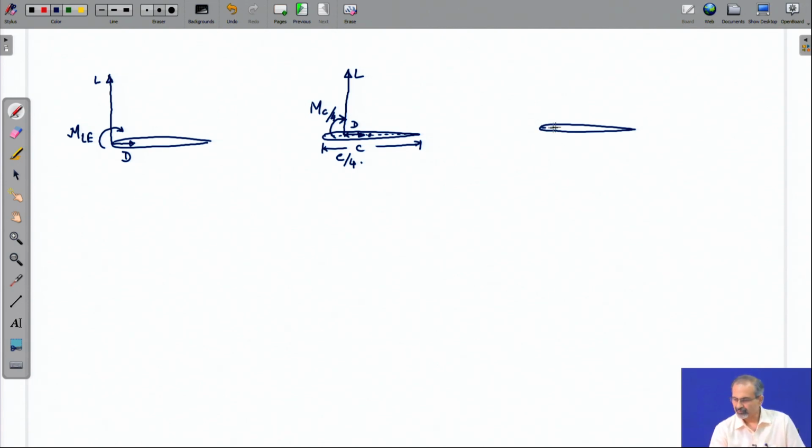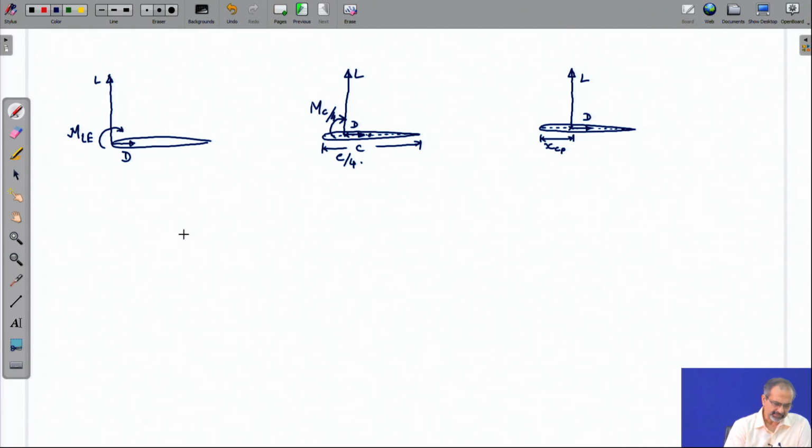And then finally, we will consider a case where the forces are at x_cp. So, corresponding to the angle of attack, whatever be the value of lift, accordingly the x_cp gets defined, like we saw in the earlier slide.